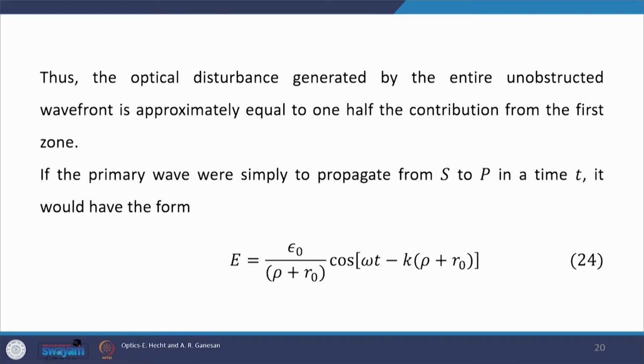Thus, the optical disturbance generated by the entire unobstructed wave front is approximately equal to half the contribution from the first zone. The rest cancelled among themselves. The phase is such that the rest do not contribute.